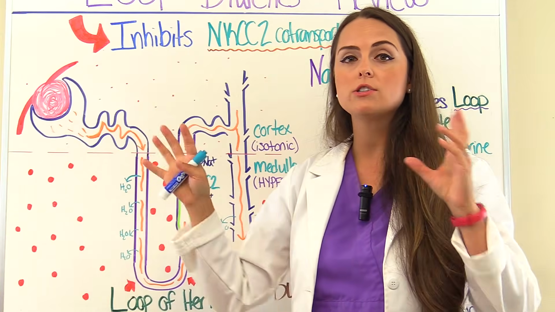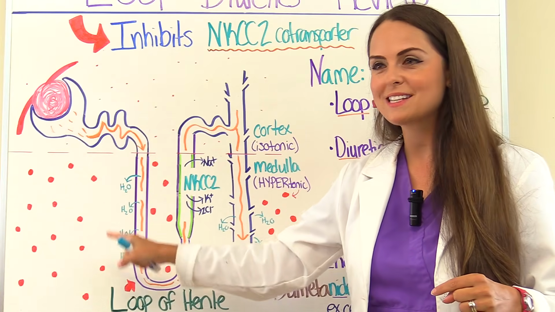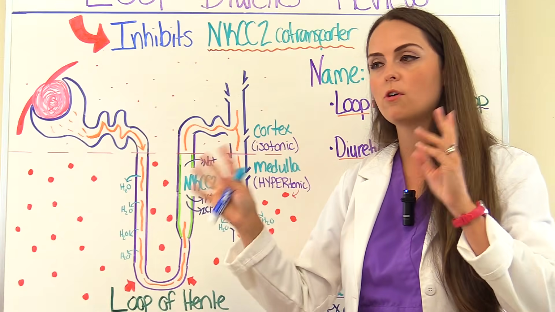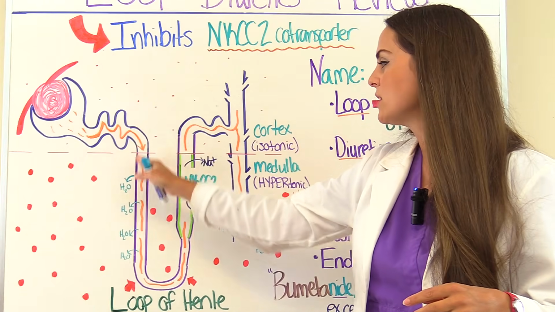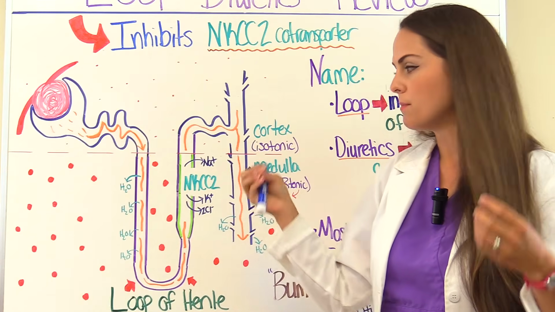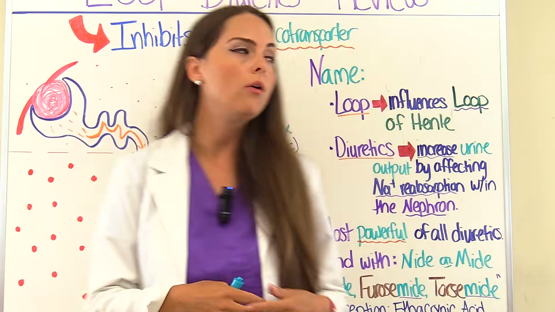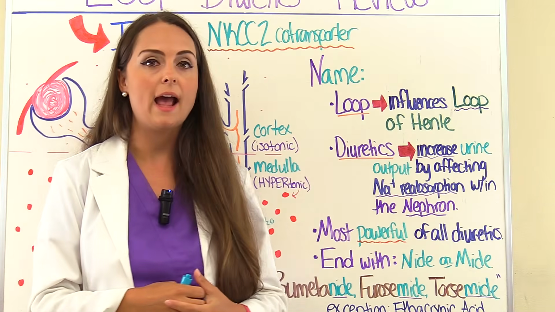So if the water's not leaving this nephron, it's staying in there because we have lots of sodium still in here. And remember, sodium and water love each other. The water is going to stay in this nephron. It's not going to be reabsorbed through the body, so it's going to leave the body as urine, and we've hit our goal. We have increased urinary output.